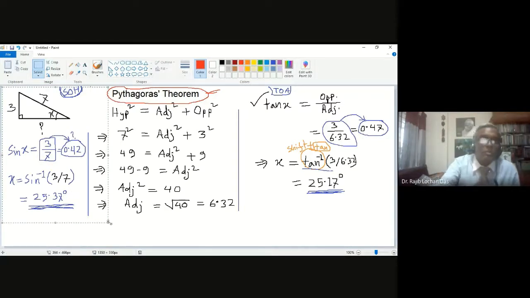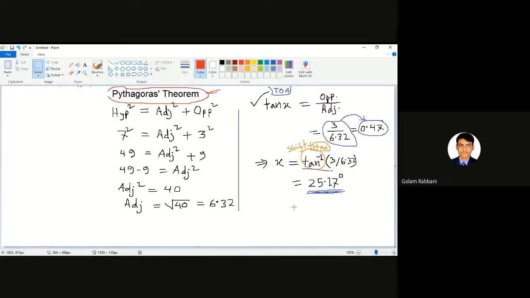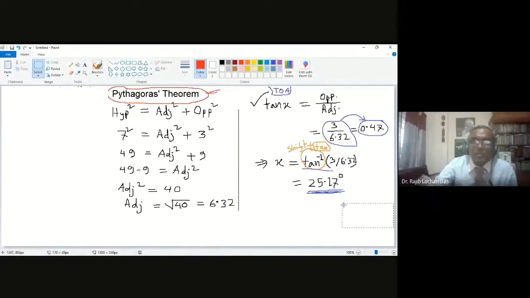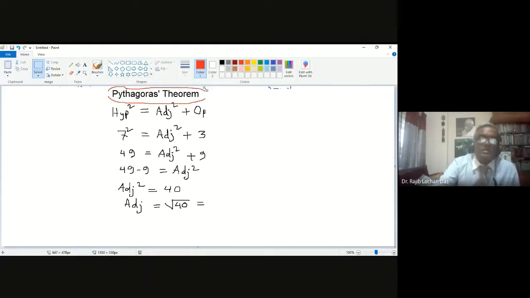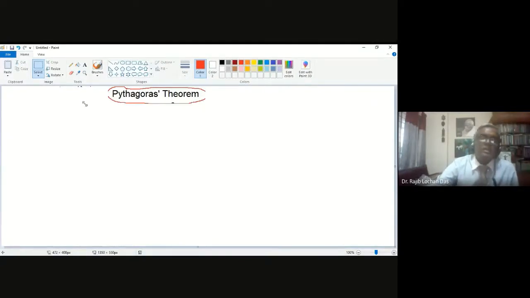Sir, for finding any side of a right triangle. So if you need one side and you have the other two sides, then you can use the Pythagoras theorem. So fine, it is possible.